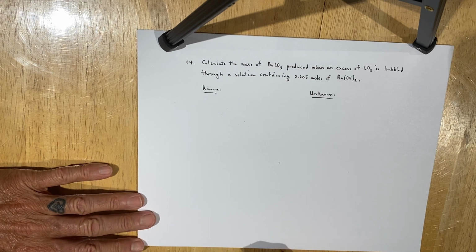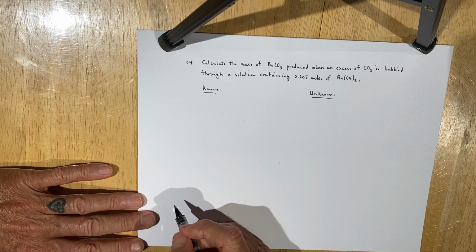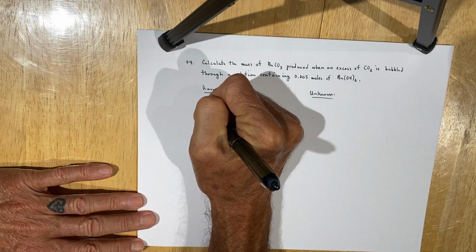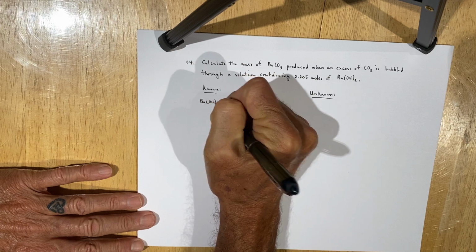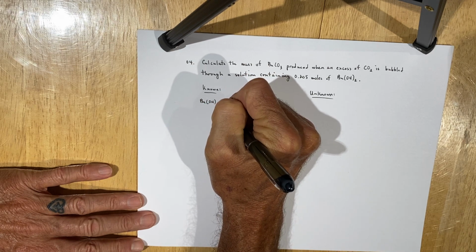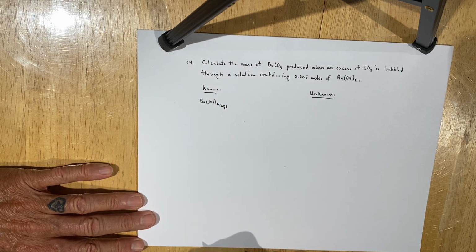The best place to start is to actually examine the chemical reaction involved. So you're told that you're going to be reacting barium hydroxide, which is a base, which in all probability will be aqueous in solution.